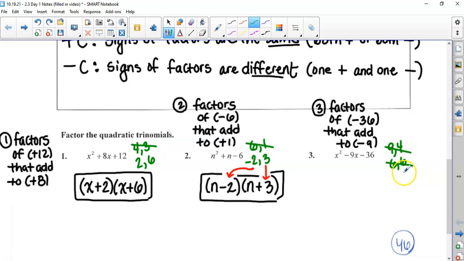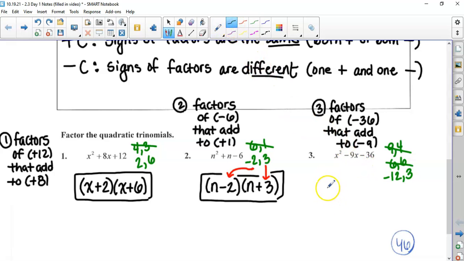What else might work? How about 12 and 3? If 12 is negative, negative 12 plus 3 is the negative 9 that I need.